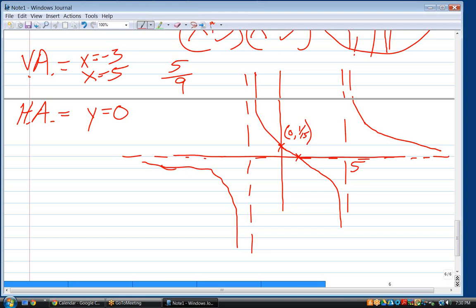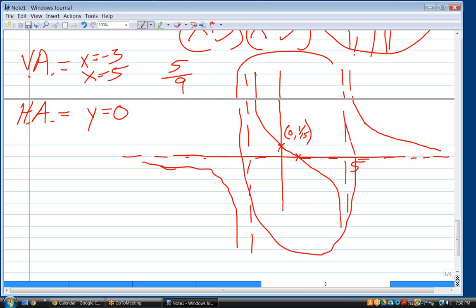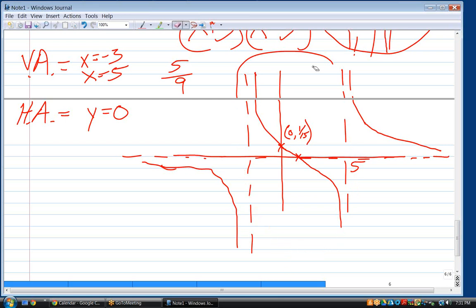Negative infinity to positive infinity? Uh-huh. The entire range we can see from just the part that's in between the vertical asymptotes. In other words, that part right there goes from negative infinity on the y-axis to positive infinity. And that's the range. What's the domain, even though they didn't ask for it?